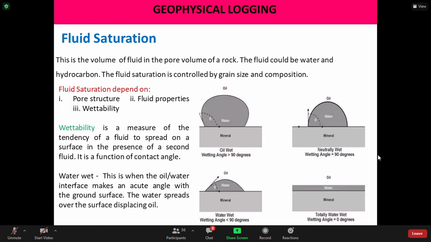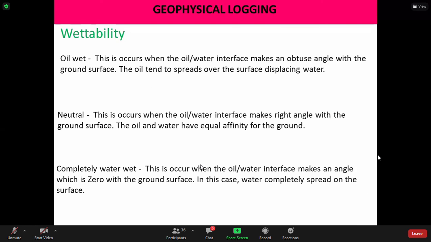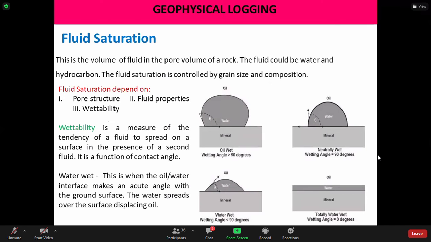When it is water wet, the oil-water contact makes an acute angle, that is, when the angle is less than 90 degrees. When the wetting angle is greater than 90 degrees, we say it is oil wet.